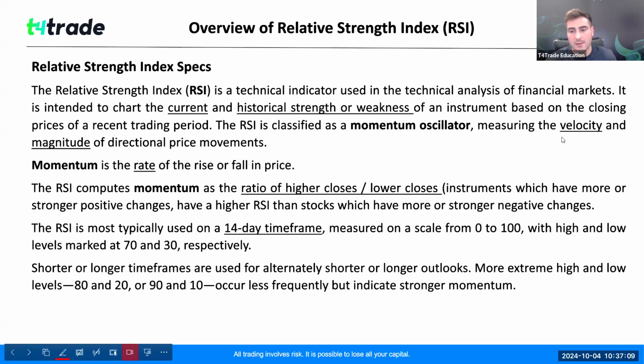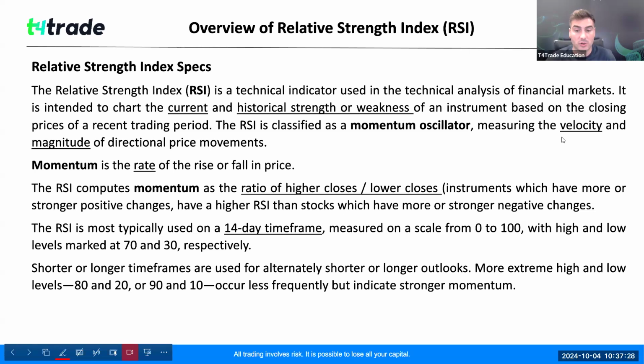So it's pretty rare in general to see values of 0 and 100. I have not seen a value of 0 or 100, neither on a mini chart nor on any given time frame that you have in front of you.